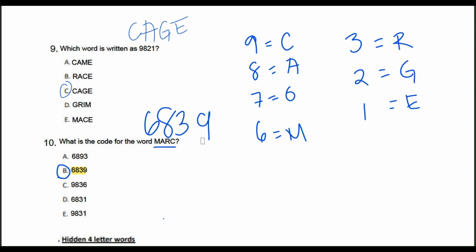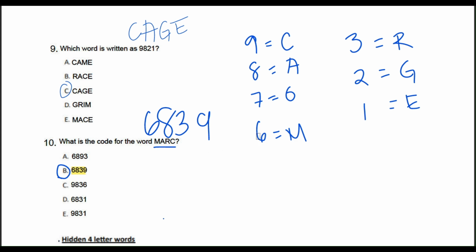Why not the others? Well, the other options either use the wrong numbers or have the correct numbers in the wrong order. Option A is just a mix-up of the right numbers. Options C, D, and E all have some incorrect numbers for the letters in mark. Here's how we figure it out. We have a special code where each letter stands for a number.